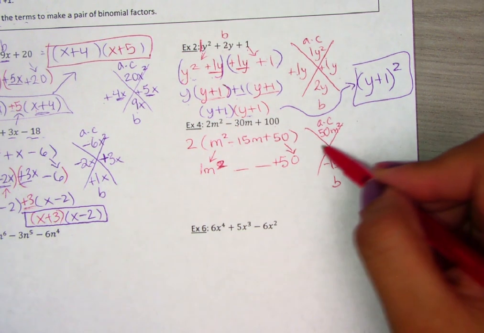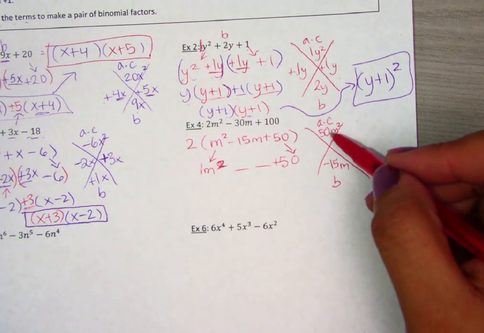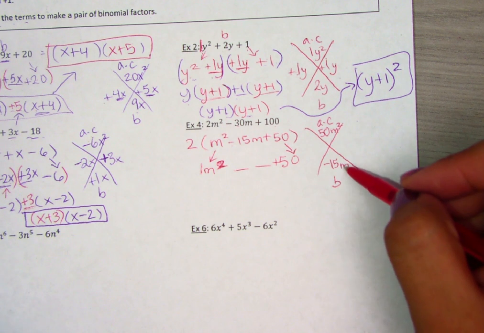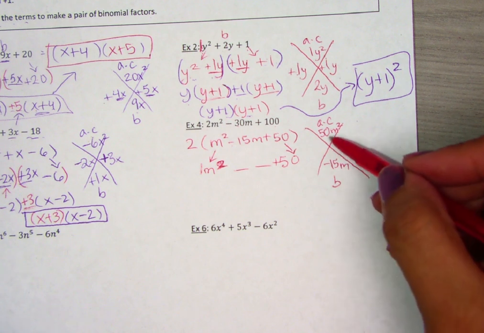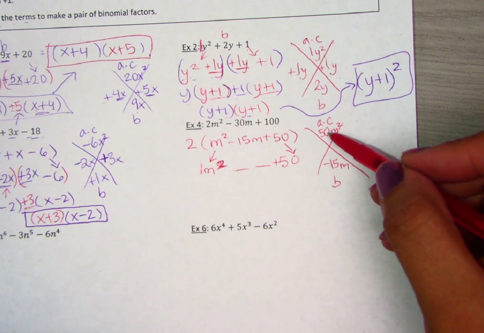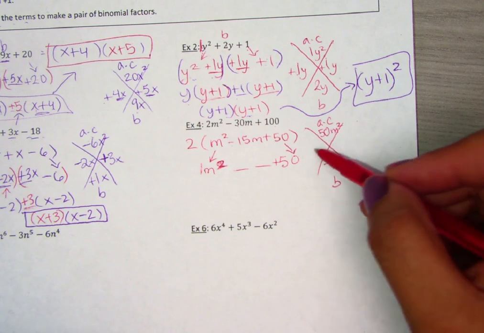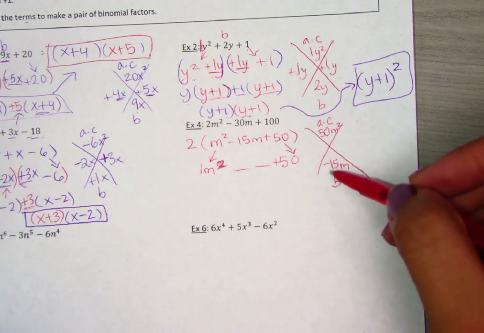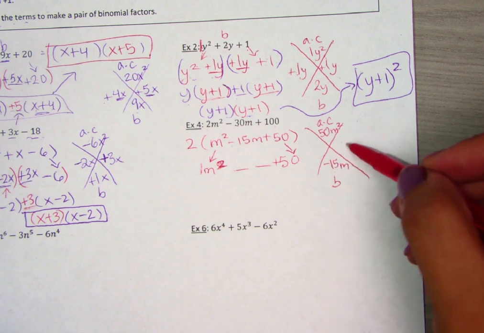So now you think of what numbers do you multiply to get 50, but when you combine, you get negative 15. So the fact that this is a positive and this is a negative, this positive only results from positive times positive or negative times negative. And the only way we can get a negative here is if we have both of these negatives.